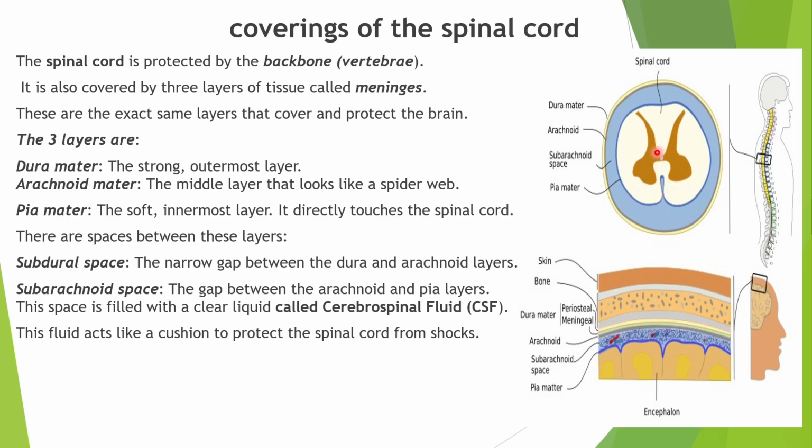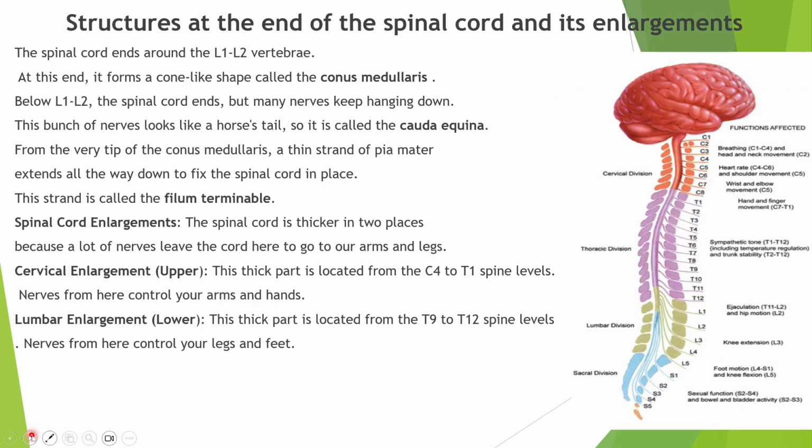This looks like a butterfly structure. Coming to the next, the structures at the end of the spinal cord and its enlargements. These sides are the vertebrae, and the spinal cord ends around L1 to L2.